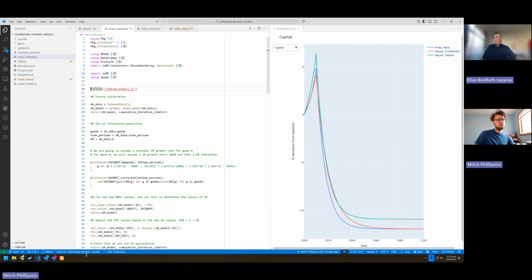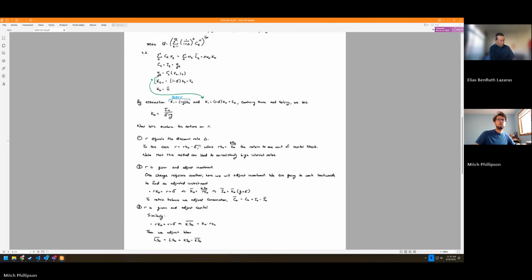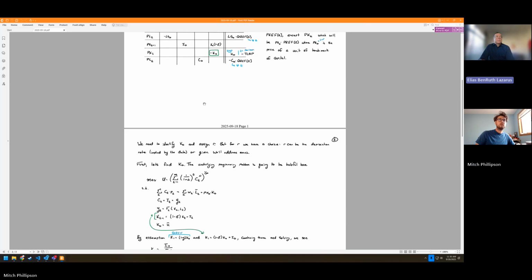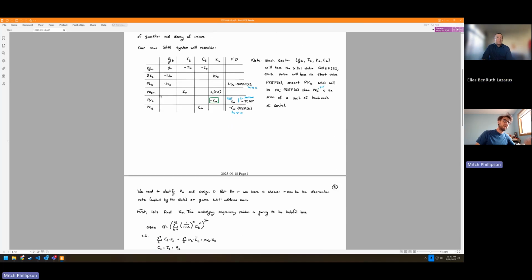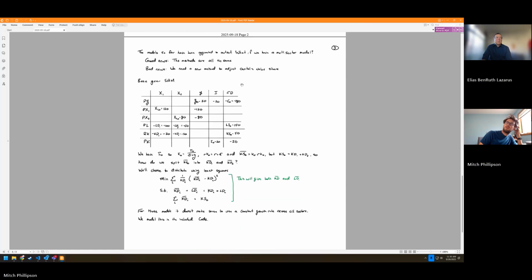Okay, so those three models, there was only one output, right? We used aggregated output. What if we have sectors? There's one sector. Now we're going to have two sectors with aggregated output.